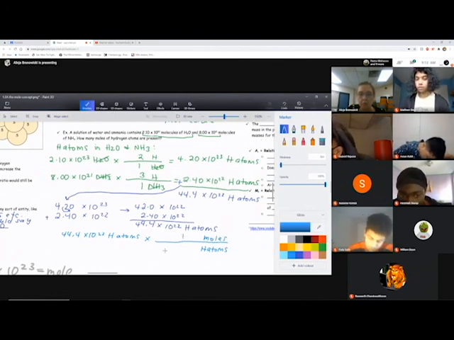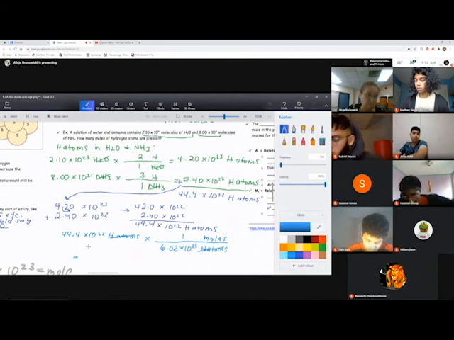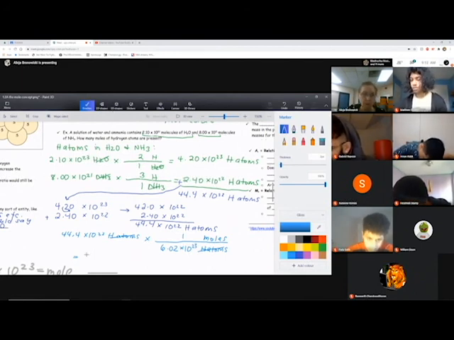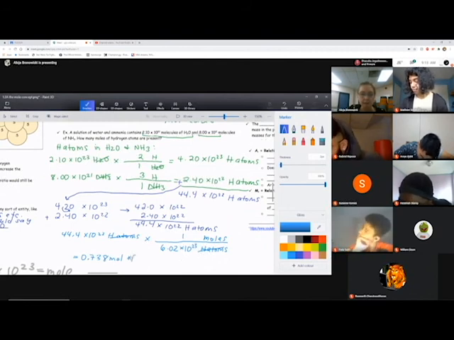So 1 mole is 6.02 times 10 to the 23 hydrogen atoms. So when I do that calculation, I have 0.738 mole of hydrogen atoms.